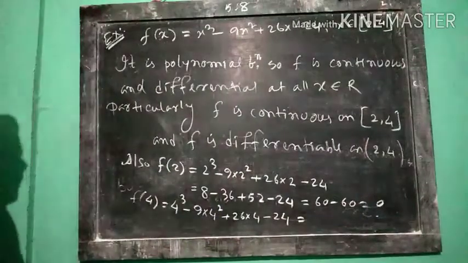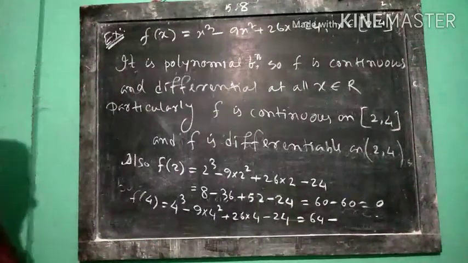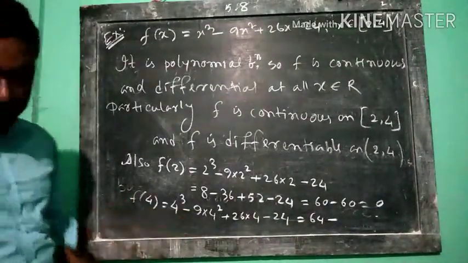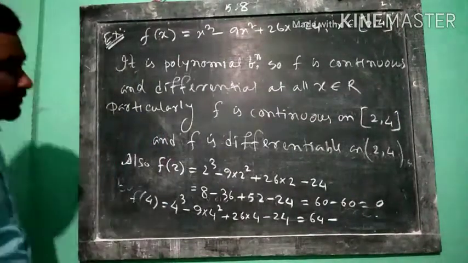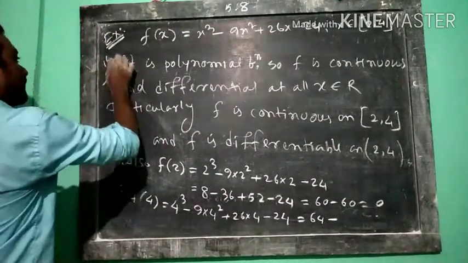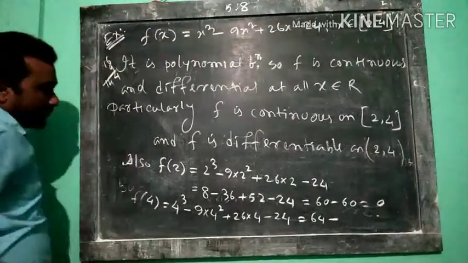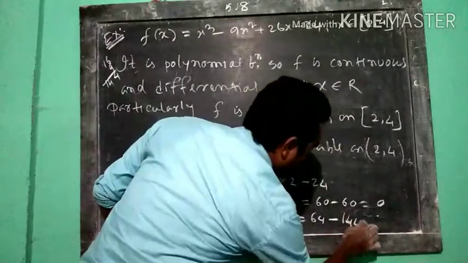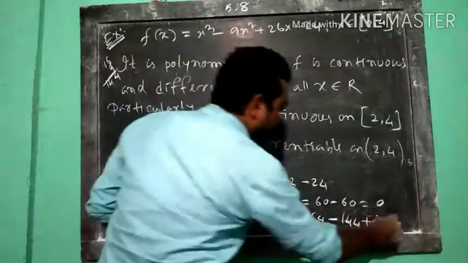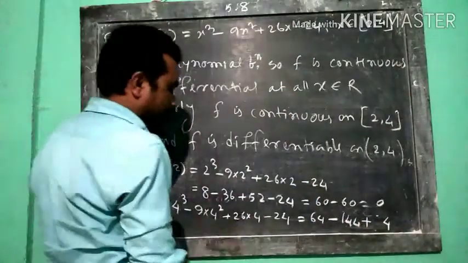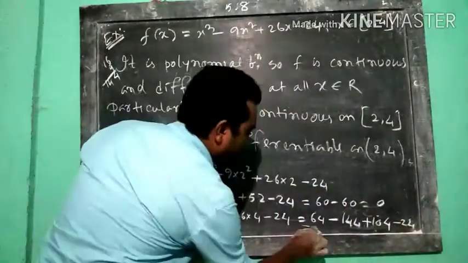This is 4 cube, 64, minus 16 into 9, which is 144, plus 26 times 4, which is 104, minus 24. This is equal to 0.